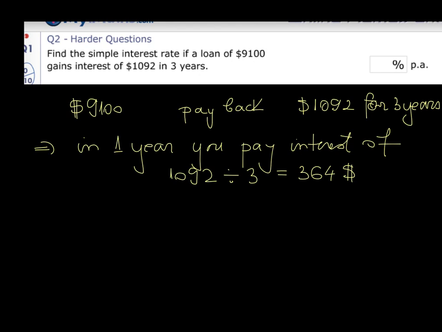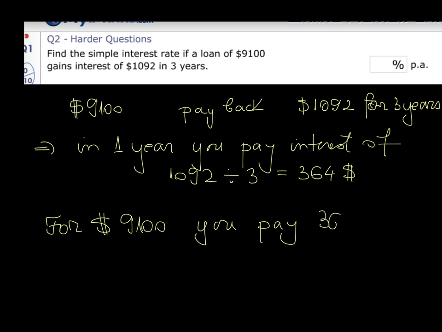So for 9,100, you see, every time you need to reformulate your question. For 9,100, you pay 364 interest. So this is how much the bank earns. Okay, so this is your interest, but you need to express it as a percentage. The interest rate is a percentage.